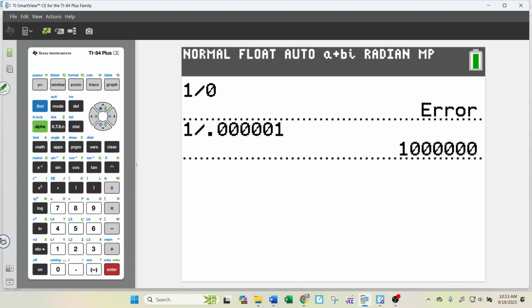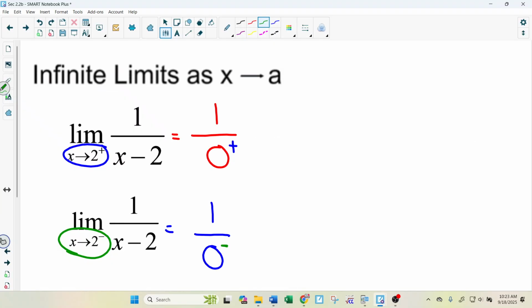A really big number. So 1 divided by a really small positive number is going to give me a really big positive number. So that's going to infinity. 1 divided by a really small negative number is going to go to negative infinity. So that is algebraically how we're doing that.